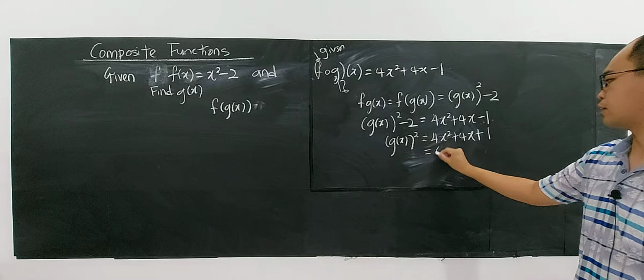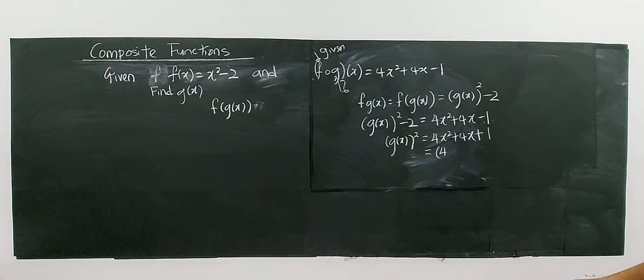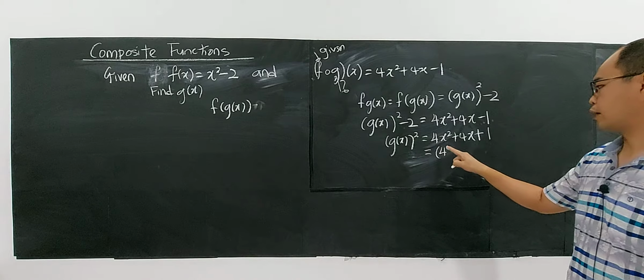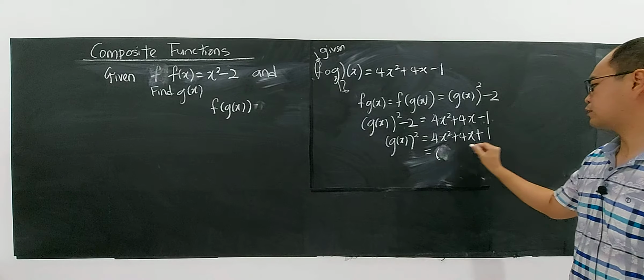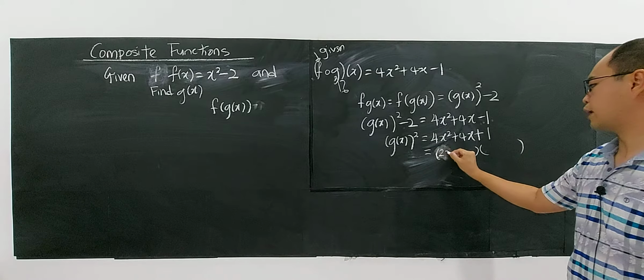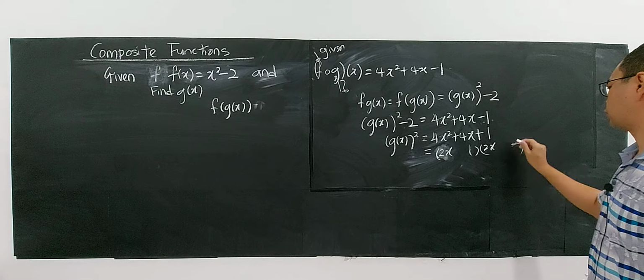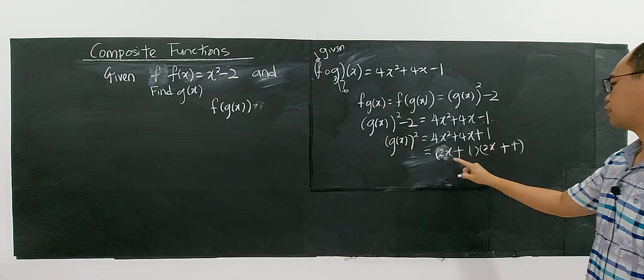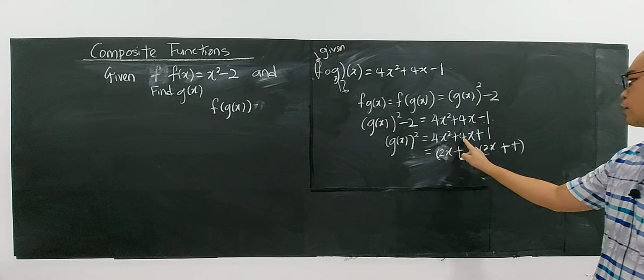So you try to factorize this. 4x squared plus 4x plus 1 can be factorized into 2x and 2x, and 1 and 1, positive and positive, because 2x plus 2x gives you 4x.